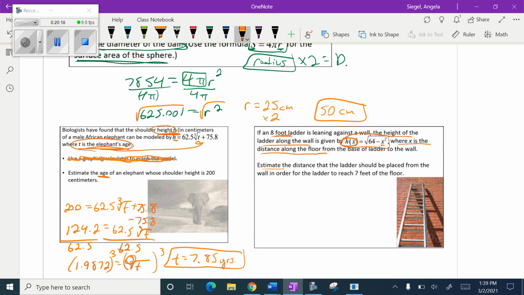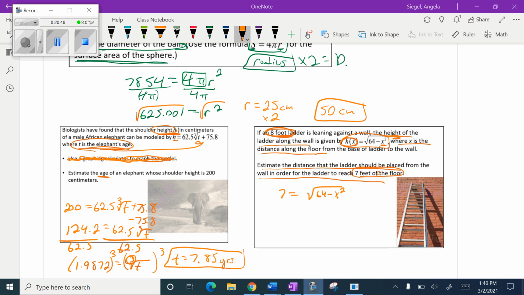We want to estimate the distance that the ladder should be placed from the wall in order for the ladder to reach 7 feet off the floor. Just to be clear, this 8 foot is the length of the ladder. It doesn't say anything about that. We just want the height, which it tells us is 7 feet off the floor. And we're trying to figure out how far out it needs to be.